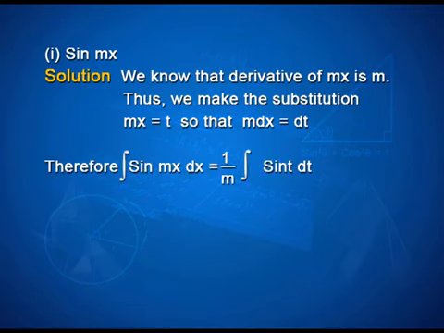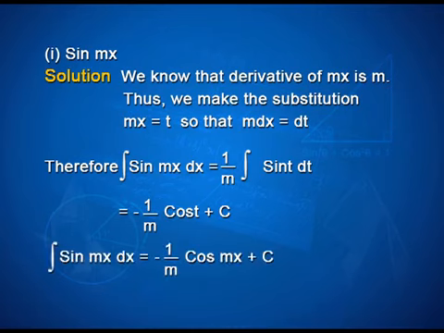Therefore, integral of sin mx dx is equal to 1 upon m integral sin t dt, that is equal to minus 1 upon m cos t plus c. Therefore, integral sin mx dx is equal to minus 1 upon m cos mx plus c, where c is the constant of integration.